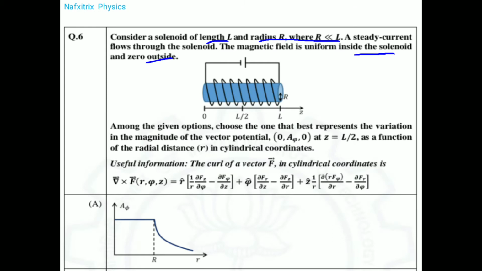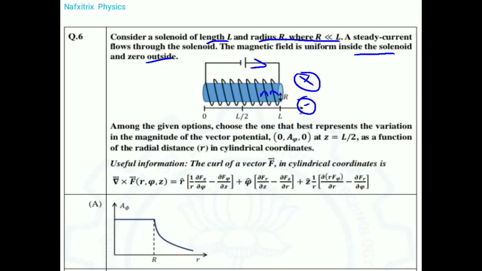So here we can see the current flowing. It is connected to a battery, and this is the direction of current flow. The current would be moving in this manner, towards us and away from us like that.